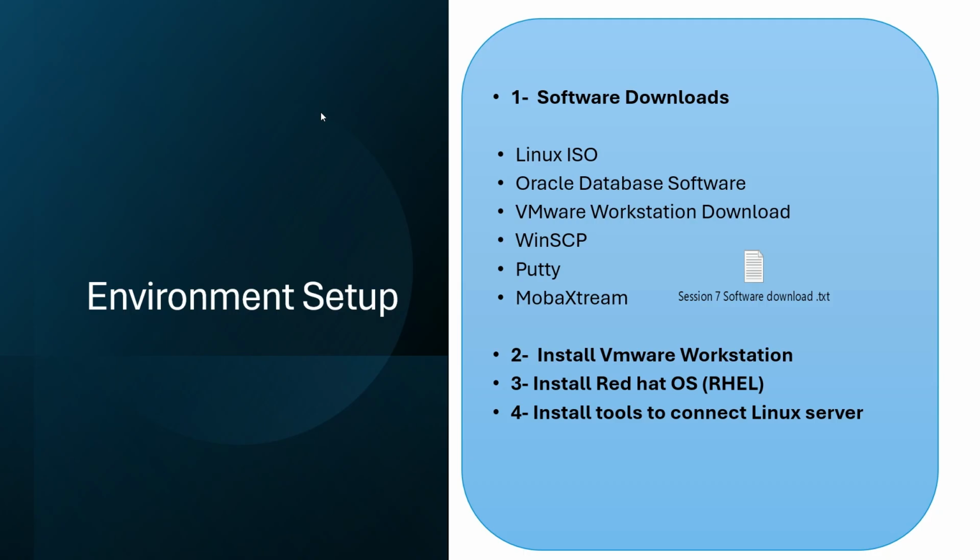With WinSCP and MobaXterm you can copy files directly from your local machine to the Linux machine, and with Putty you can connect to your server and perform your administrative activities through the command line.